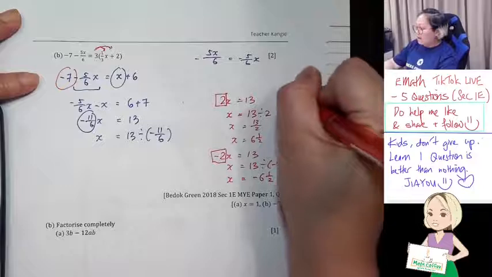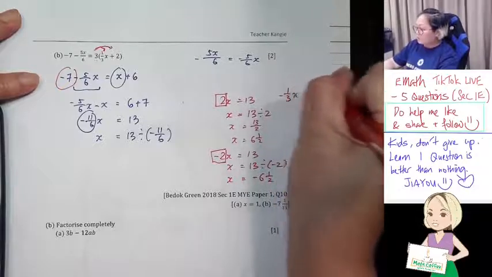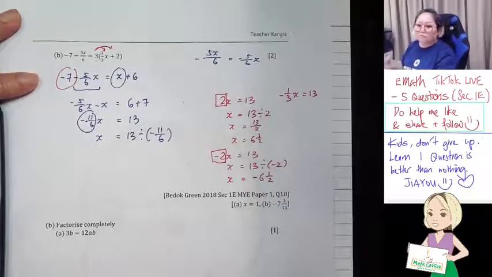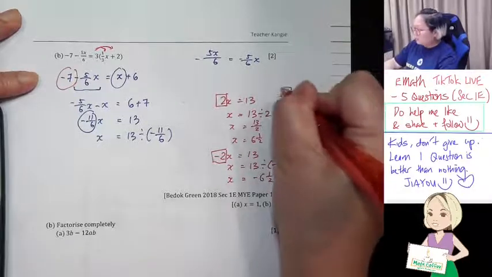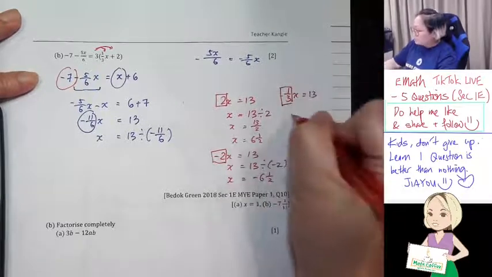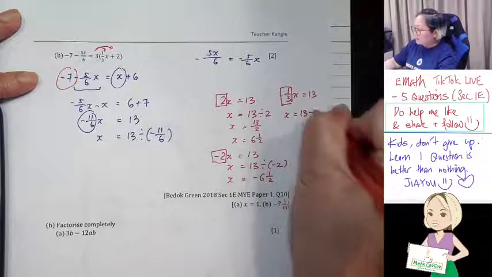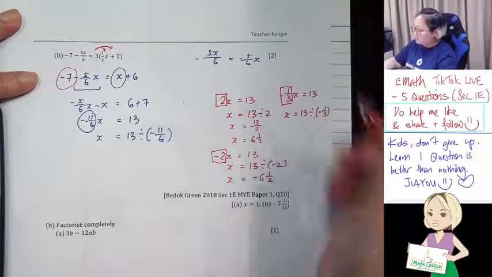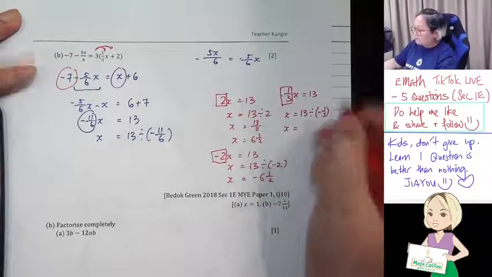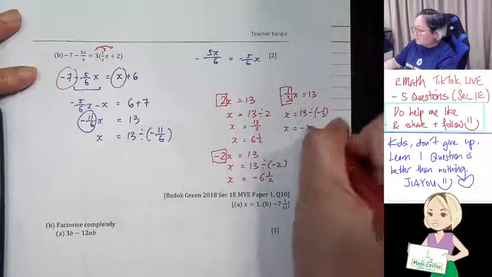So if I have minus 1/3 x equals to 13, nothing so difficult because again, look at the number in front, negative 1/3. So x is simply 13 divided by negative 1/3. And when you press the calculator, it will give you negative 39.